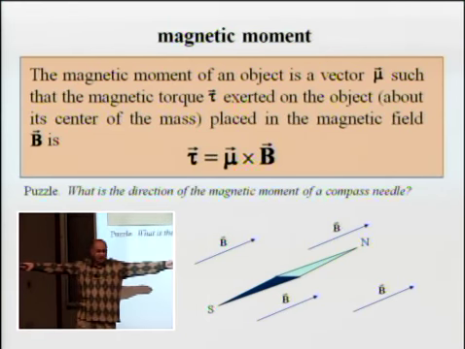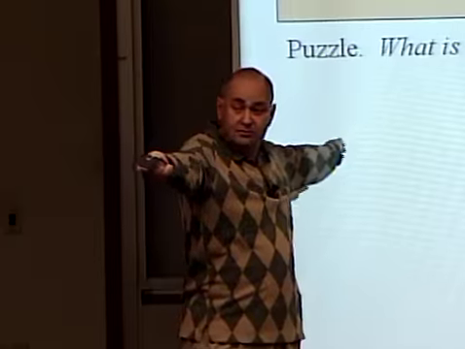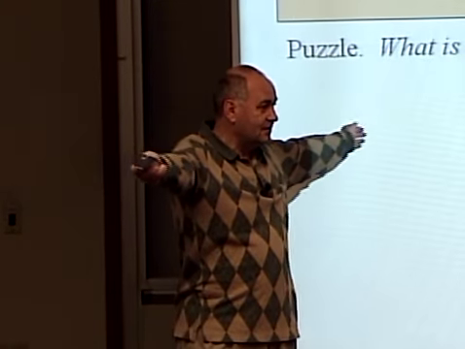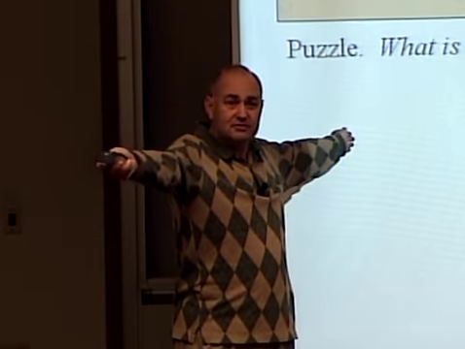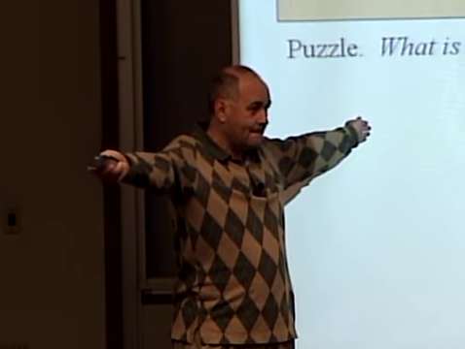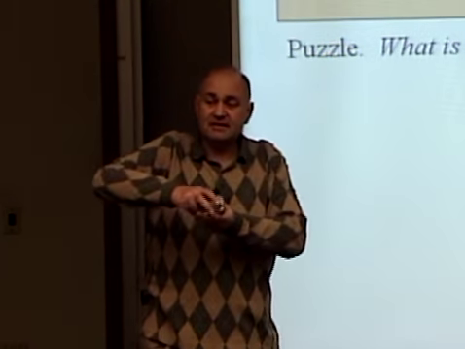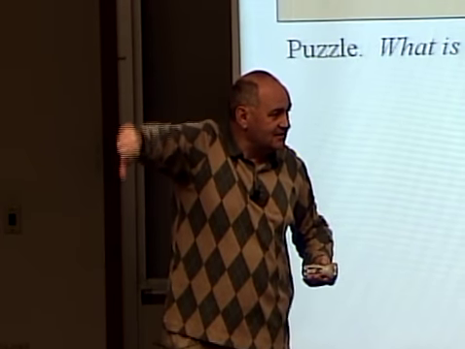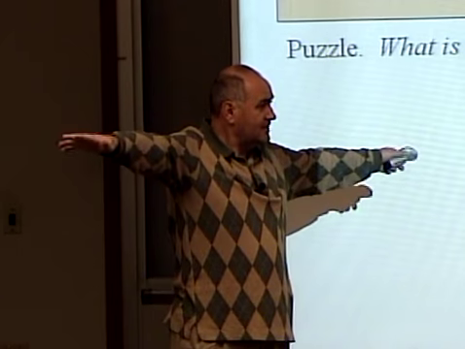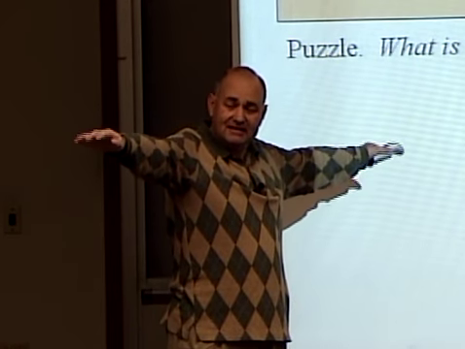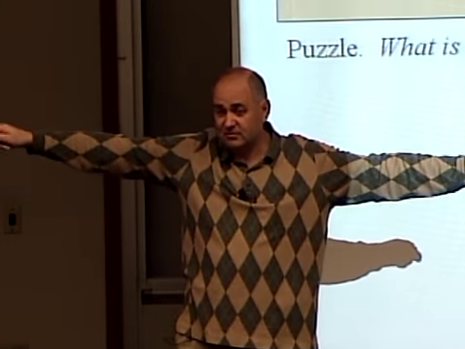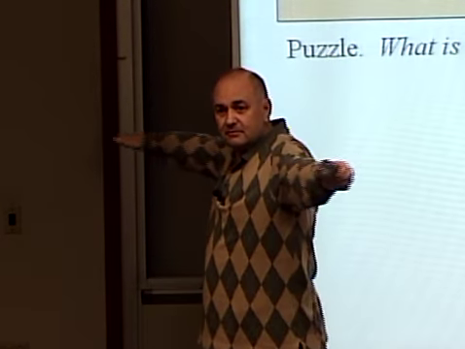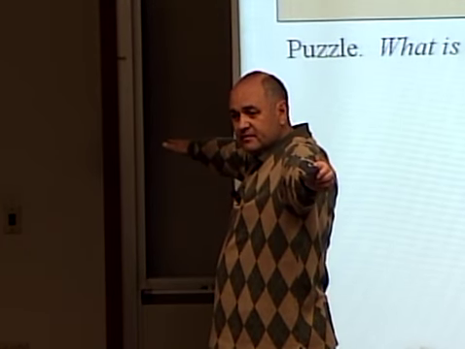Well, I would tend to turn this way, right? So what is the direction of magnetic torque then? Following the right-hand rule, it is down. Yes, so magnetic torque now is down. Down magnetic torque will turn me this way. Now let's say that I turn myself this way.